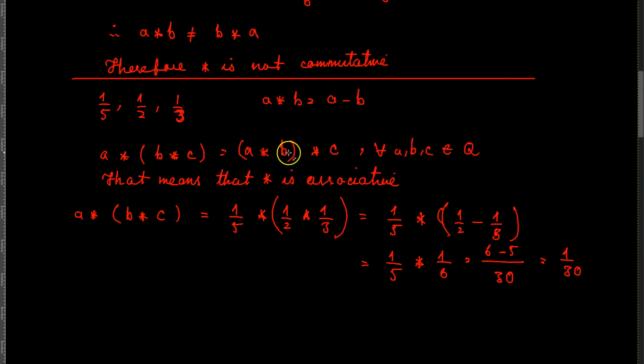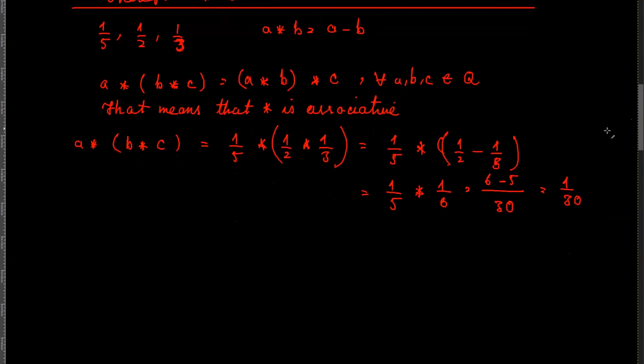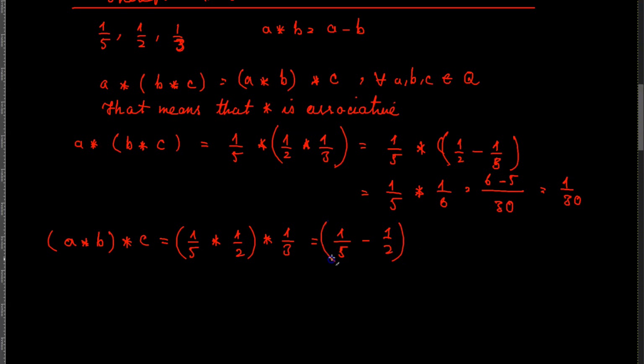Now if I calculate (A star B) star C, that would be the same thing as (1/5 star 1/2) star 1/3, which is the same thing as (1/5 minus 1/2) star 1/3.